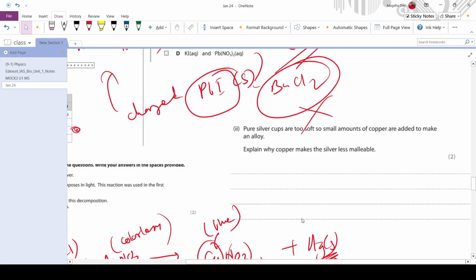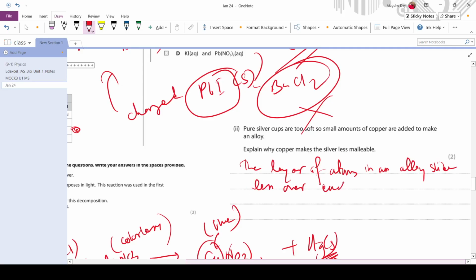Explain why copper makes the silver less malleable. First of all, how do you make something malleable? If the layers of atoms slide over each other. So the only possible reason we can say is that the layers of atoms in an alloy slide less over each other, isn't it?